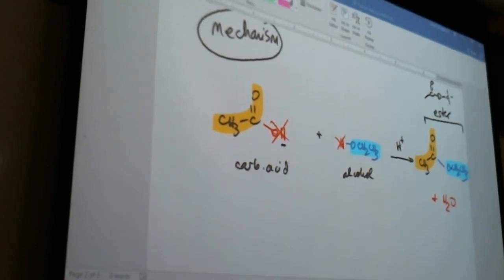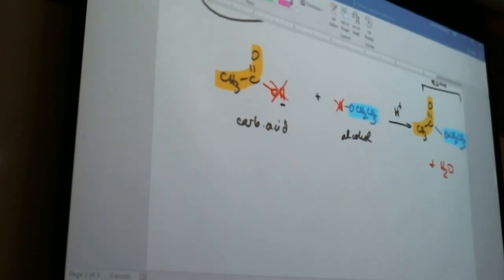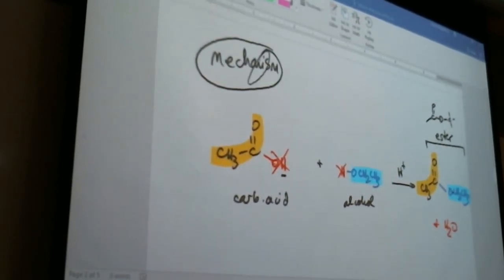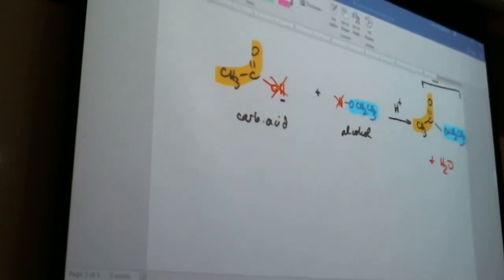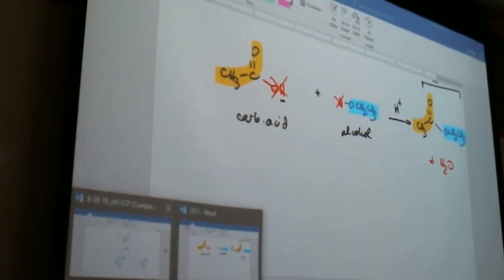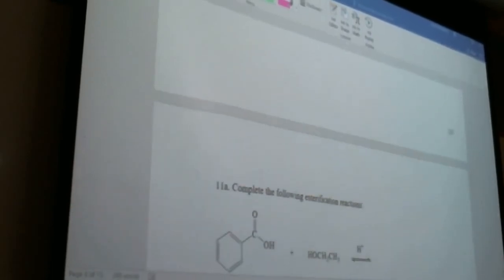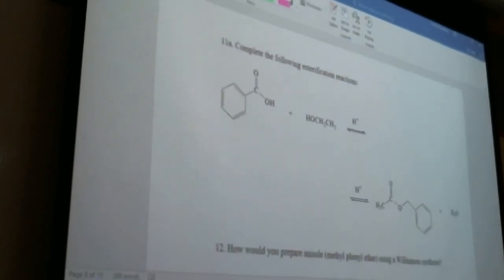Okay. So for any problem that I give you, right, if I tell you, show me the products of this esterification reaction.